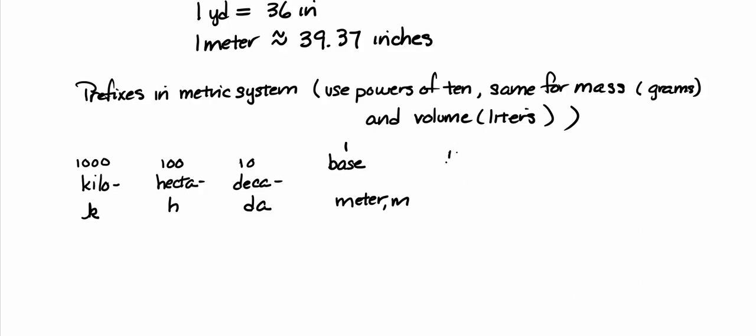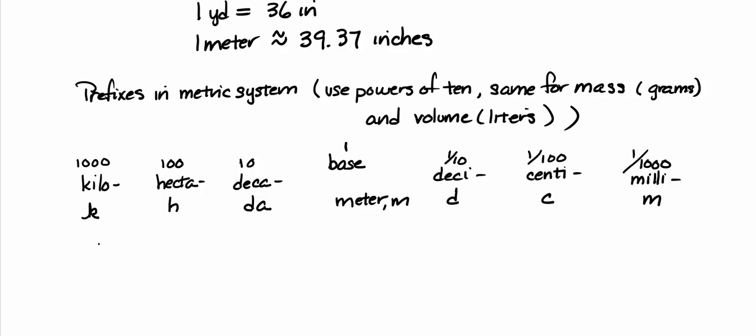Actually, I'll just call it 1/10. So that's deci, and we use the letter D for that. Then we have centi, which is 1/100th, and we use C for that. And then we have 1/1000th, which is milli, and we use M, another little m for that.